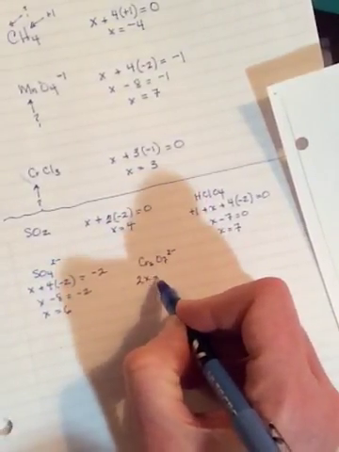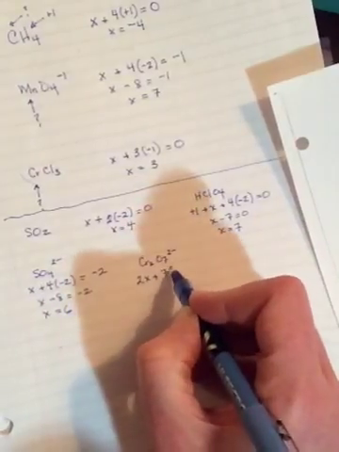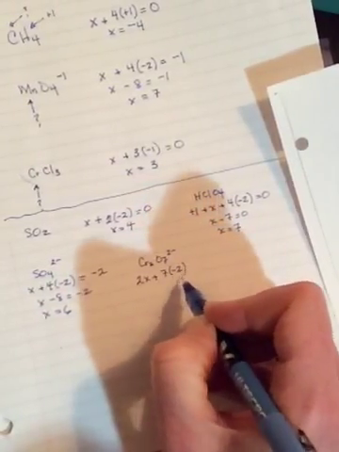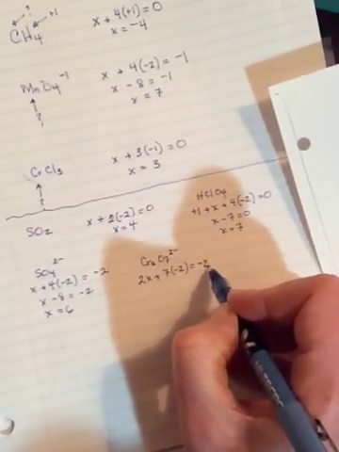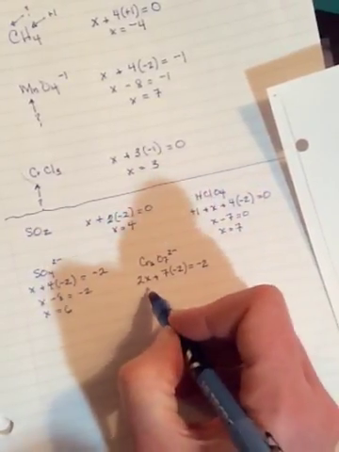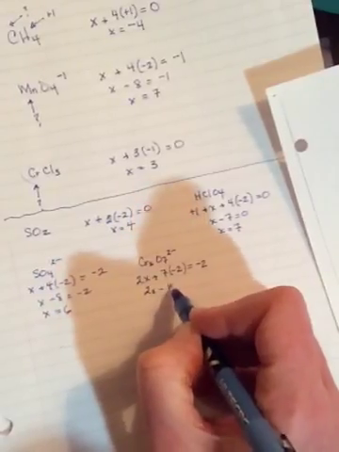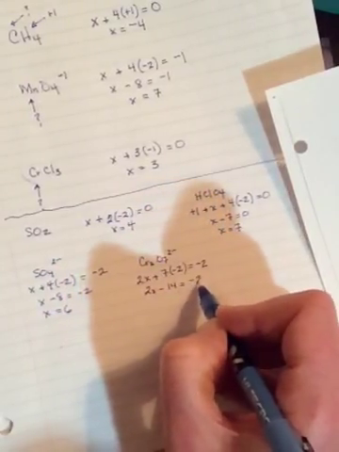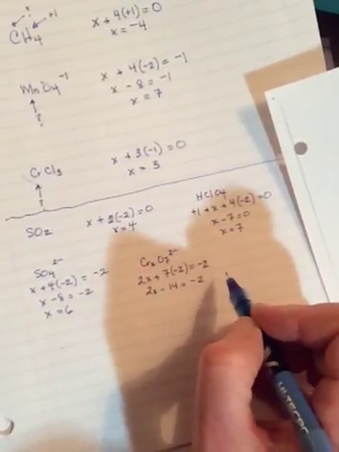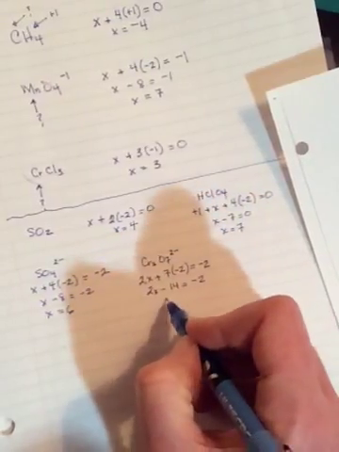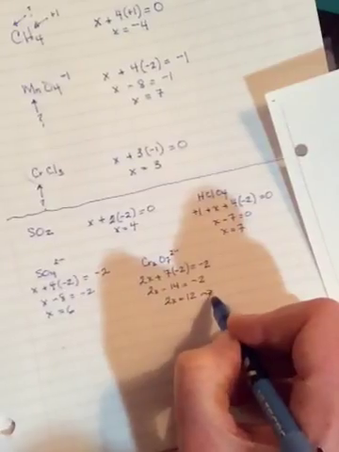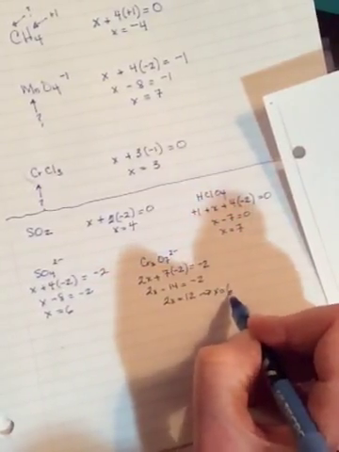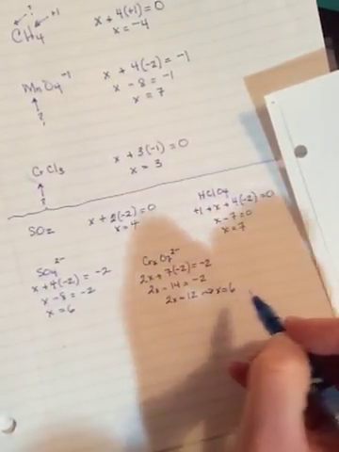And there's 7 oxygen, so plus 7 times oxygen's oxidation number of -2 equals the overall charge, which is -2. So 2x minus 14 equals -2. Take the minus 14 over, it becomes positive. So 2x equals 12, so x should equal 6.